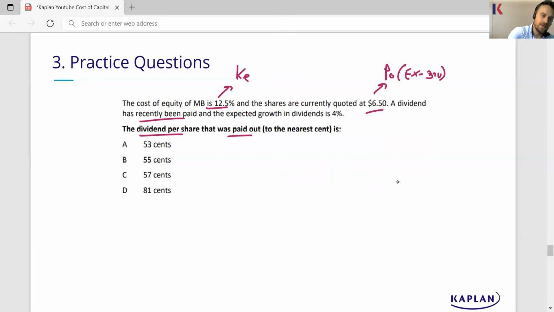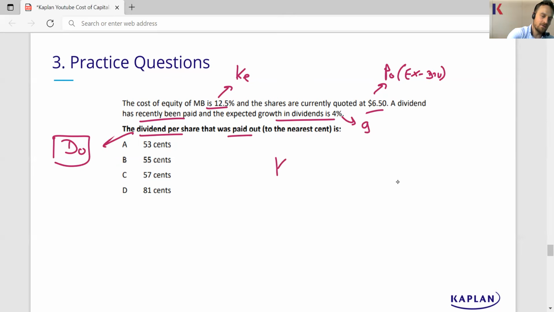And then growth in dividends is 4%, so that's our G. And then they say the dividend per share that was paid out, so that is D0 effectively that we're trying to find in this one. So we've now got KE, P0 and G, and we need to work out D0. They've given it to us slightly backwards, maybe not quite how we expected it, but it's okay. No problem. If we think of that formula again, I'll just write it out.